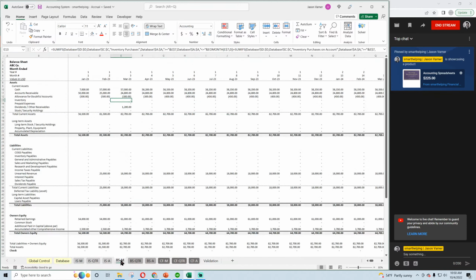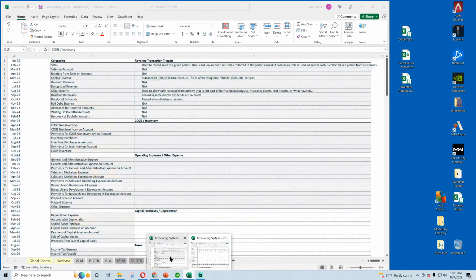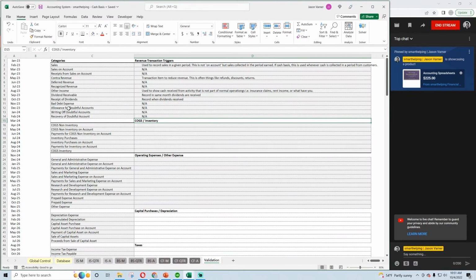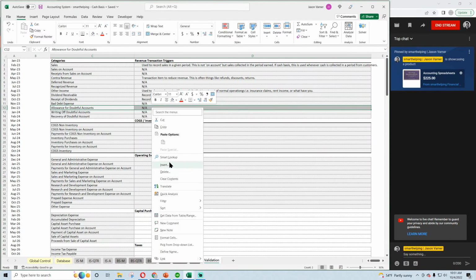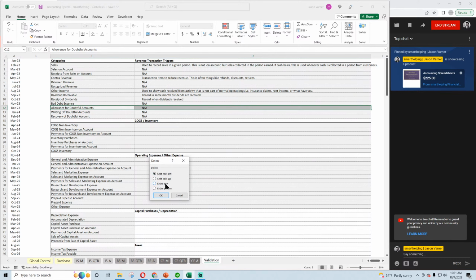And I don't know if I showed that before, so you can see, oh yeah, I did. So you can see here it's going down with the write-off, and then when you receive that back, it goes up because now you're saying you recovered that, so it's no longer a doubtful account. So whatever was in here should be more for what you might use in the future. Cash basis, yeah, no point in having this here. We only want items that were actually going to affect logic in this area.